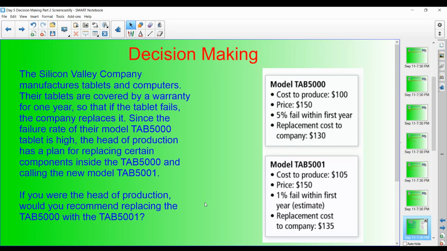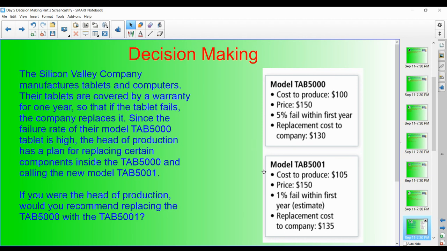Now, technology companies also have similar issues where they have to decide between different models and different products. So in this case, they have a model Tab 5000 and a model Tab 5001. These are 2 different tablets. Which one should they produce?